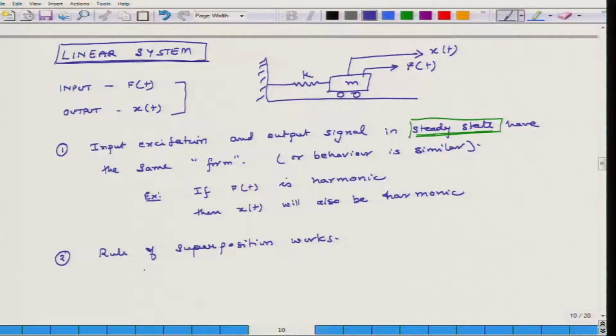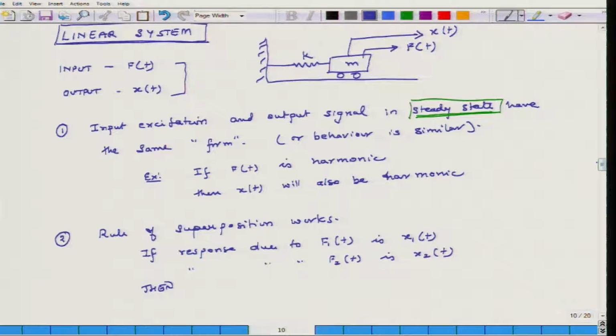If the response due to F1(t) is x1(t) and the response due to F2(t) is x2(t), then, in the first case I am exciting just by F1 and the response is x1, and in the other situation I am exciting it by F2 and the response is x2.